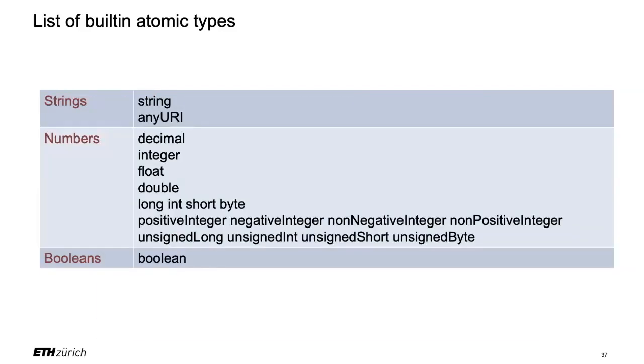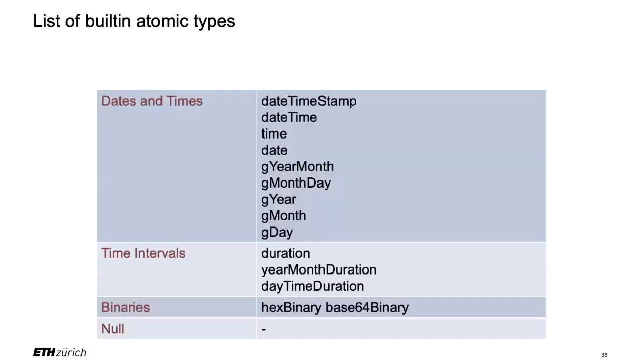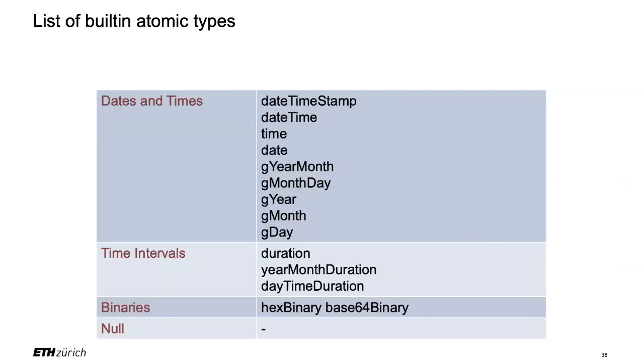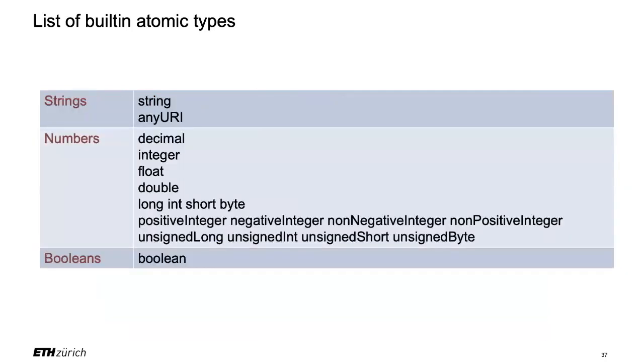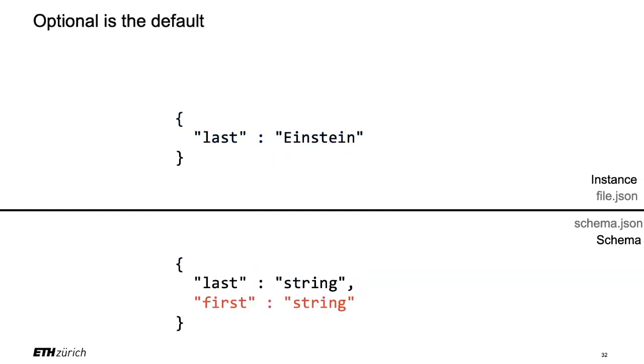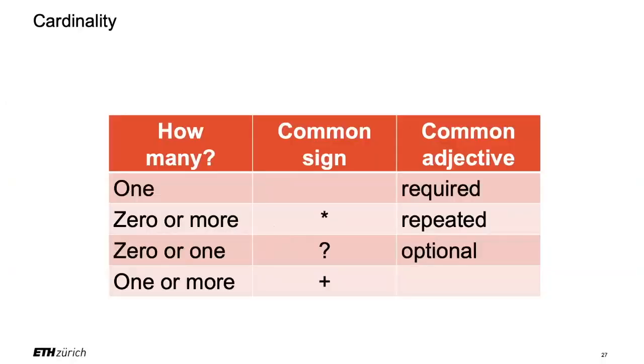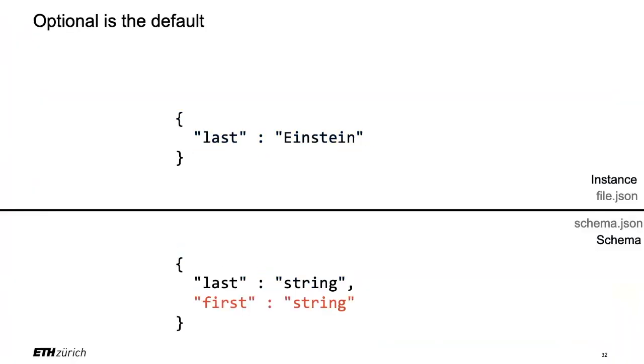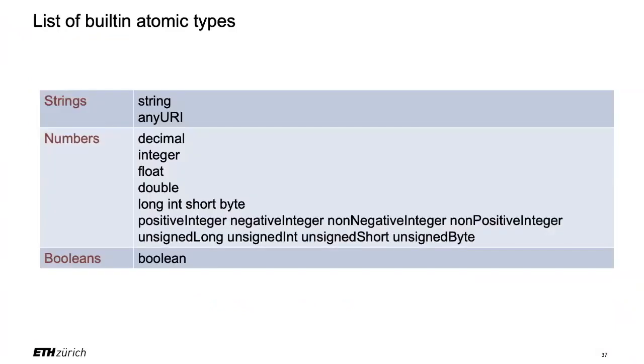I put a menu for you that's almost a complete list of everything you can pick from, right? And that shouldn't surprise you because that basically corresponds to what I told you about types earlier. It's just the fancy names you have for the types, okay? What I showed you here is also the same as the yellow column on JSONiq and XML Schema, except that this is more complete.